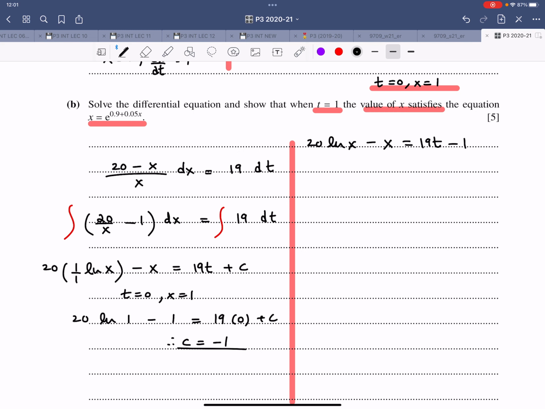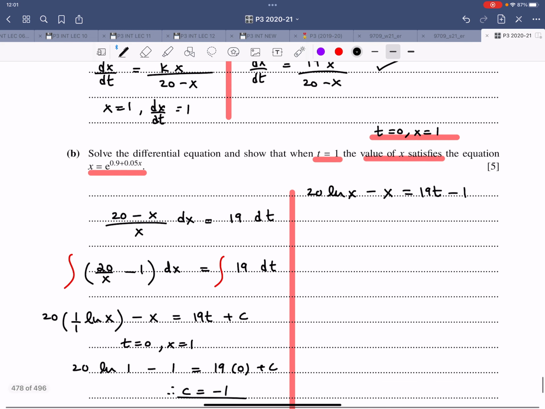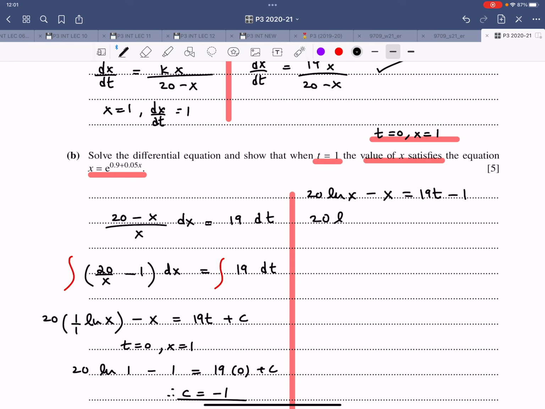So make x the subject, with 20 ln x isolated. That is x plus 19t minus 1. Now first of all I need to plug in the value of t, and then I'll get this equation. So let it remain as it is. Now plug in the second thing, t equals 1.